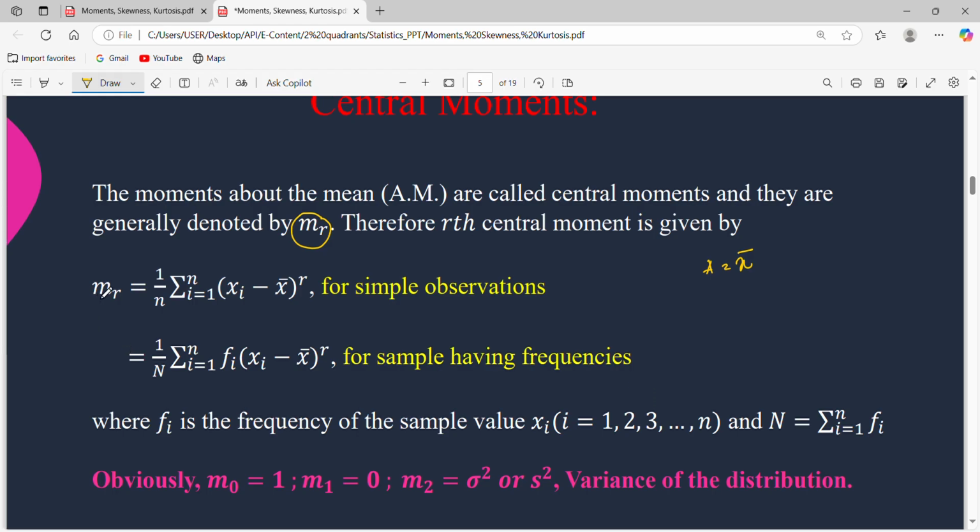So mr, that is for simple observations, 1 by n summation i equal to 1 to n (xi minus x bar) whole to the power r, and this one 1 by capital N summation i equal to 1 to n fi (xi minus x bar) to the power r, where fi is the frequency of the sample value xi, i equal to 1 to n, and capital N equal to summation of fi, that means sum of frequency. And obviously we know that m0 equal to 1, m1 equal to 0, m2 equal to sigma square or s square, which is variance of the distribution.